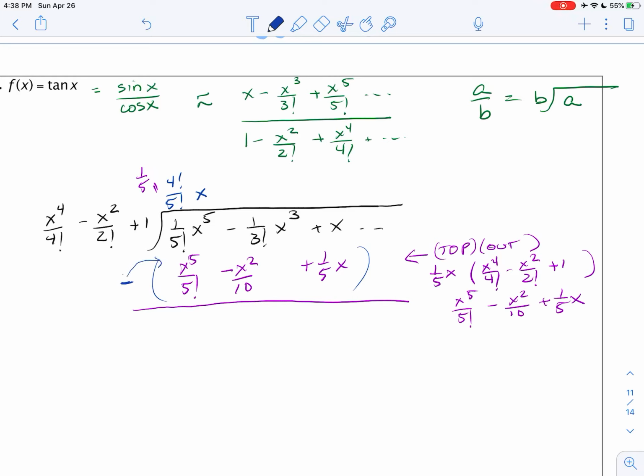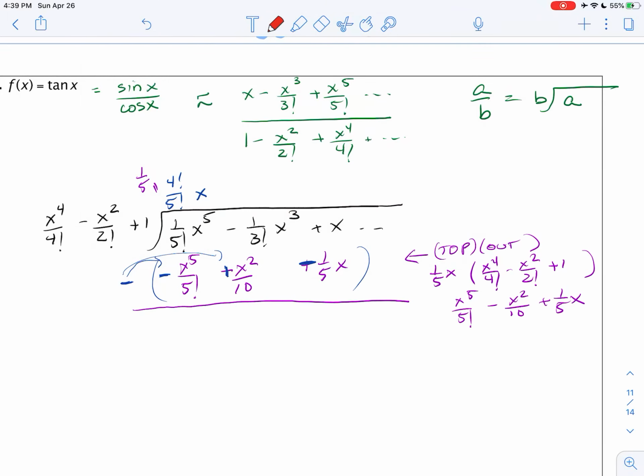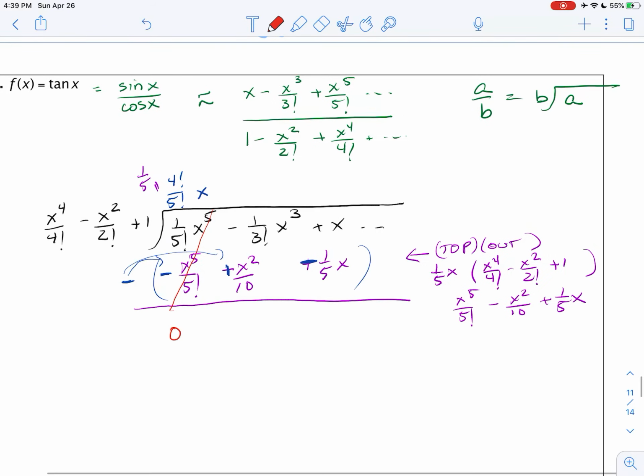And what do you do when you do division of polynomials? You subtract this, but you're subtracting the entire expression. So in order to change minus to a plus, we want to distribute and then collect like terms. So if we distribute here, this becomes a minus, this becomes a plus, this becomes a minus, and now we can collect our like terms. The x to the 5th over 5 factorial minus x to the 5th over 5 factorial is 0. We have 0 plus this, so we would have plus x squared over 10.